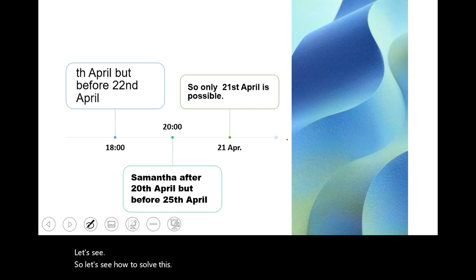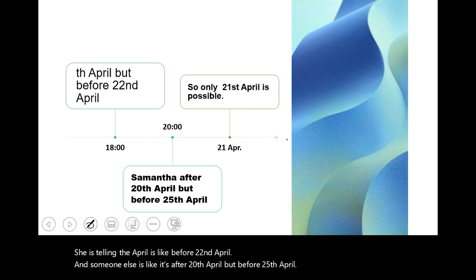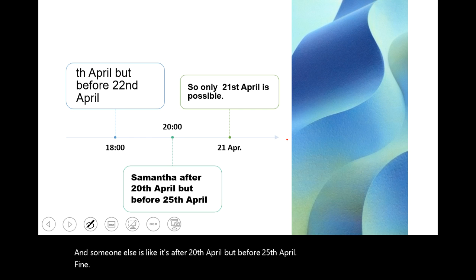Pat is telling it's before 22nd April. And Samantha says it's after 20th April but before 25th April. Fine. So with this, the only possibility is 21st April.